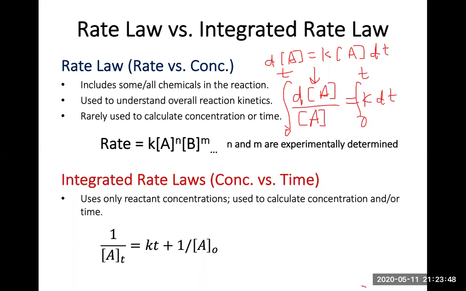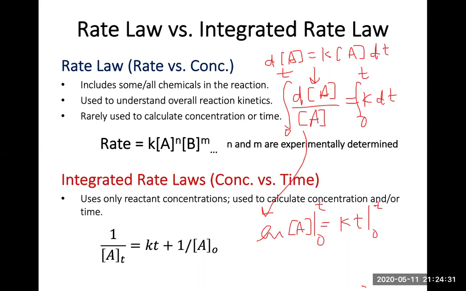The integral of d[A] over [A], or dx over x, is the natural log of [A]. And if I integrate k dt from 0 to t, I'm going to get kt. The one on the left is integrated from 0 to t, and the kt is also integrated from 0 to t.